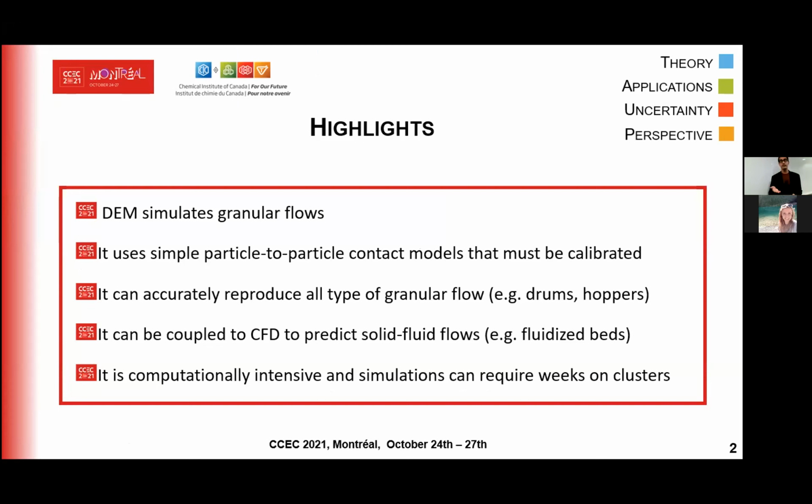So using CFD-DEM, the coupling of the two, we can simulate the dynamics of a fluidized bed, of a spouted bed, or for example, of pneumatic conveying. DEM, as we're going to be talking about a little bit, is computationally intensive, and the simulations can require weeks of calculation using modern high-performance computing architecture using 1,000 cores or even more.